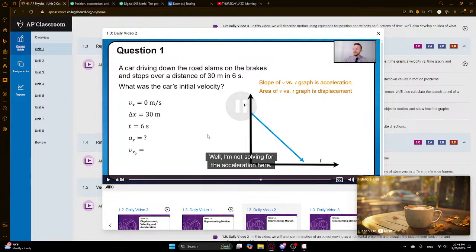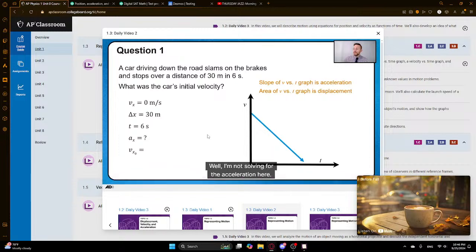Well, I'm not solving for the acceleration here. We know the slope of a velocity versus time graph equals a, and the area of a velocity versus time graph is displacement.